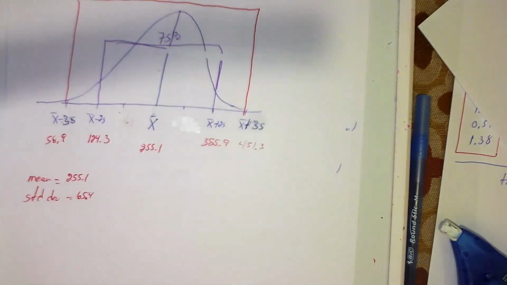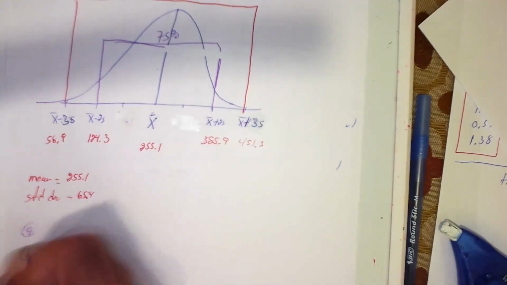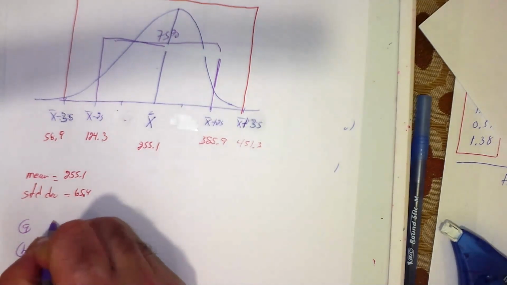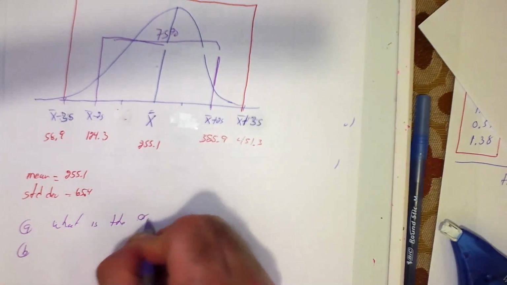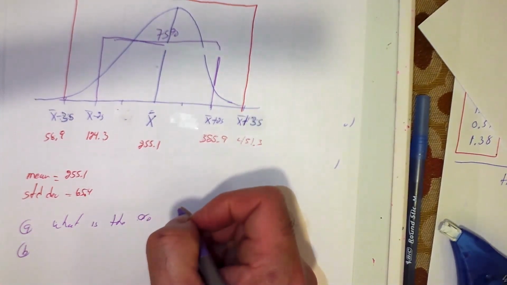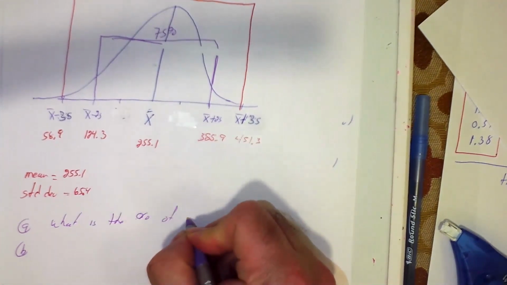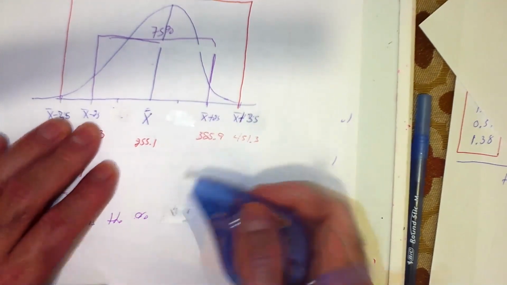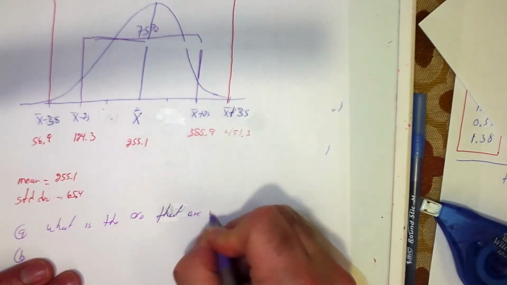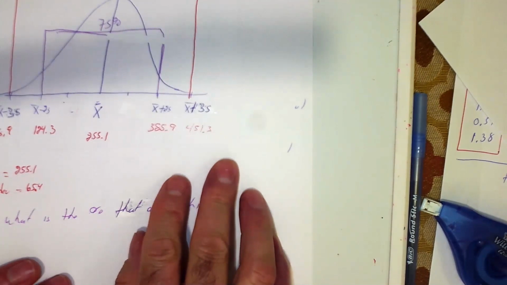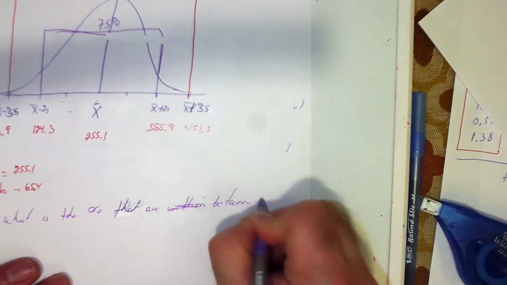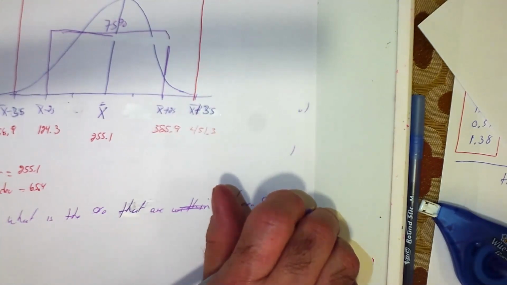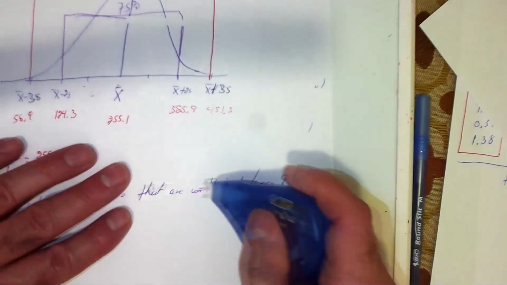Okay, so now we can answer the questions. So I believe there's two of them. There's part A and part B. Part A says, what is the percentage of that are within, sorry, that are within 3 standard deviations.